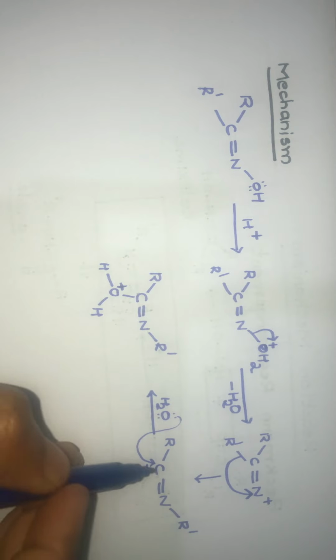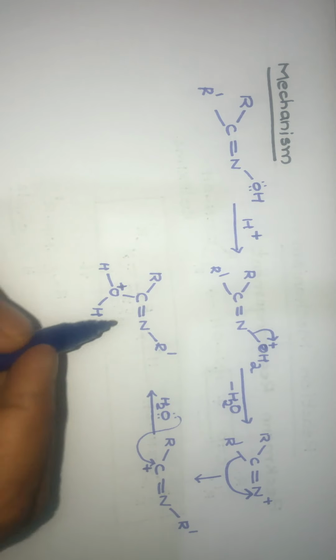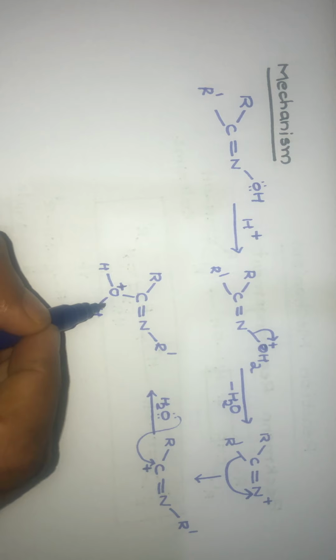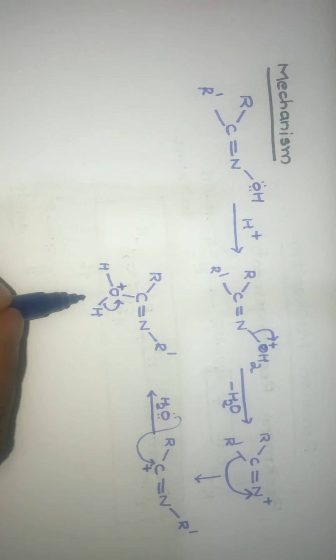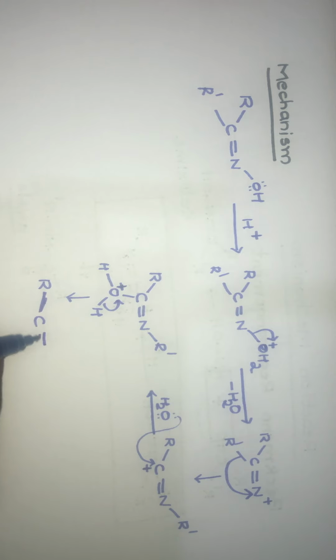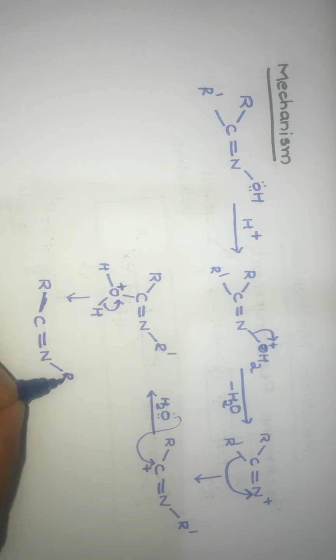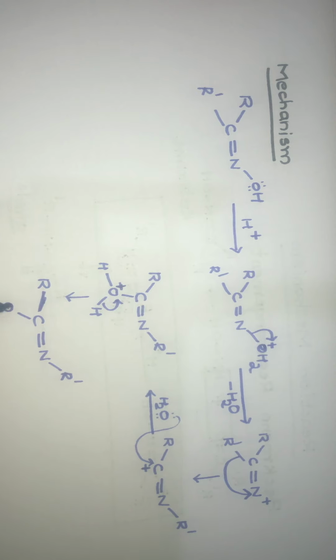Because oxygen has donated electrons, oxygen carries a plus charge. Now this oxygen pulls electrons from this hydrogen, resulting in the formation of this compound, R C double bond N R dash, OH. This is formed here.